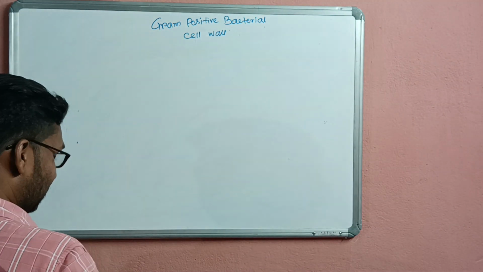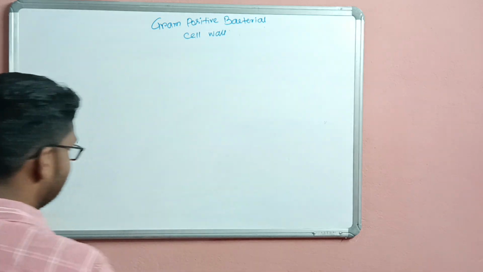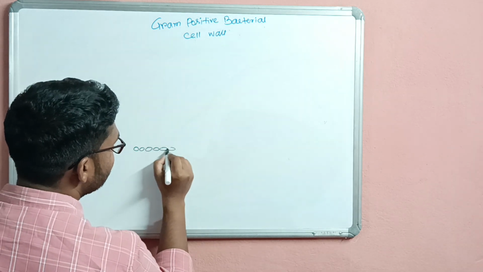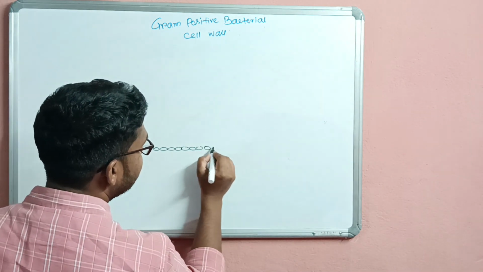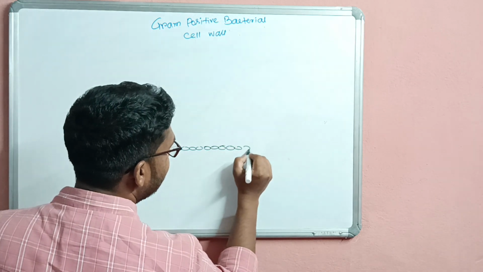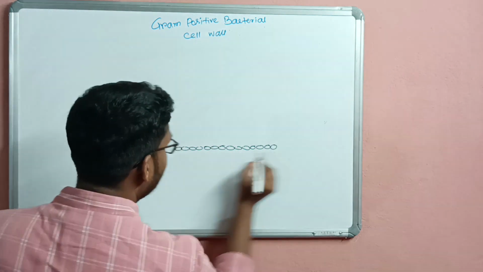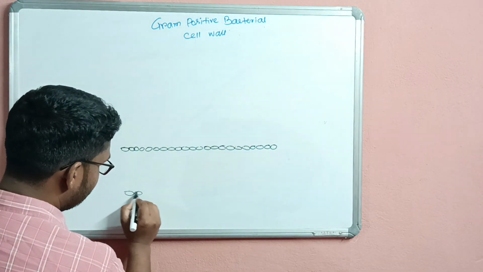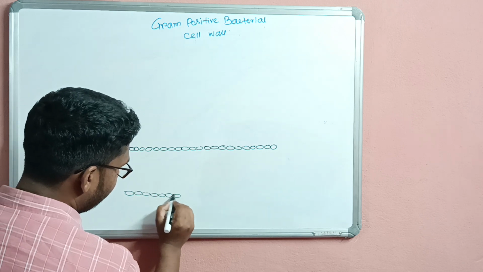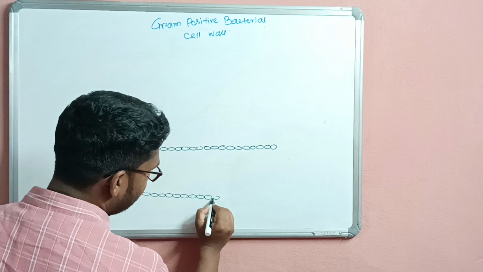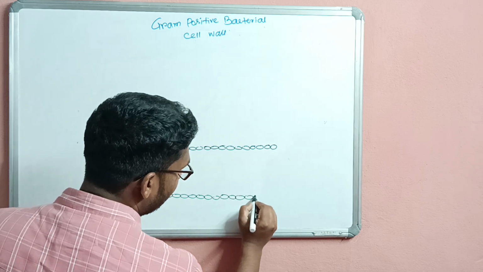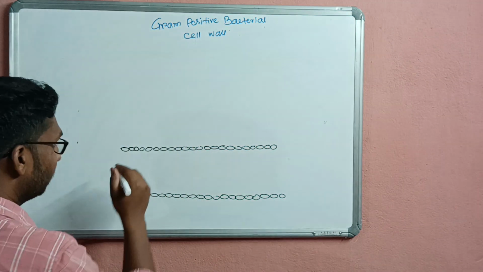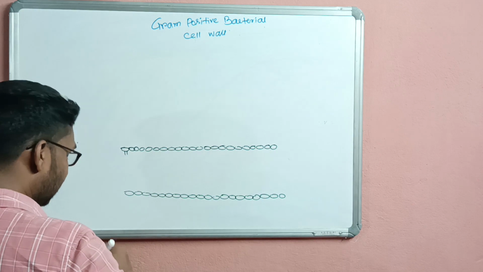So when we draw the structure of the gram positive bacterial cell wall, it will take some time to draw the picture so that you can easily understand. Okay, suppose this one is the structure of the cytoplasmic membrane. You people already know, you already studied it in your 12th standard.